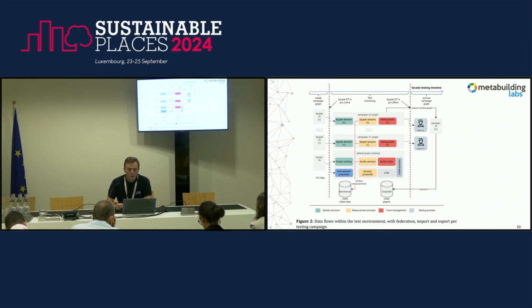But there is an issue of sharing data from one client to the next. They shouldn't be able to see each other's data from each other's facade element testing or cells, so we are constructing the context based on that. So there is some sort of modularity of graphs, but it goes a little bit against the principles of linked data. We're thinking how to solve this, but for the moment it looks something like this.